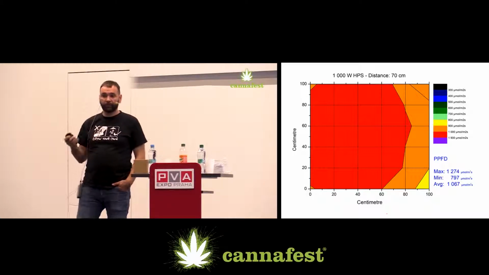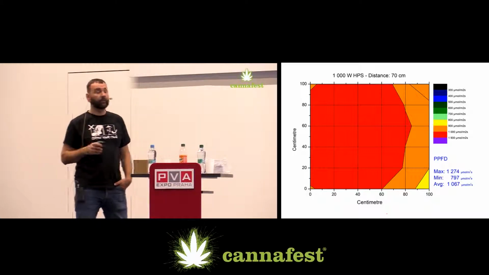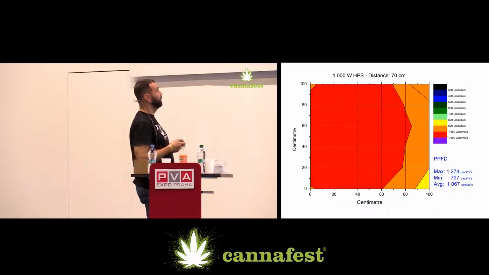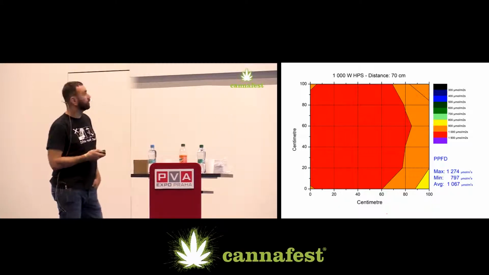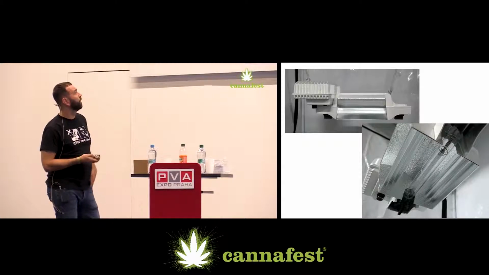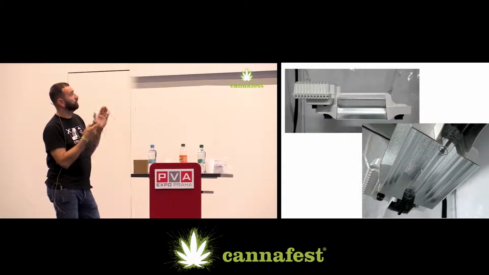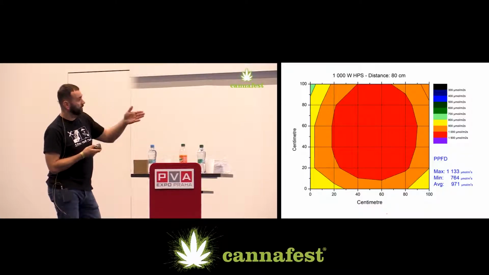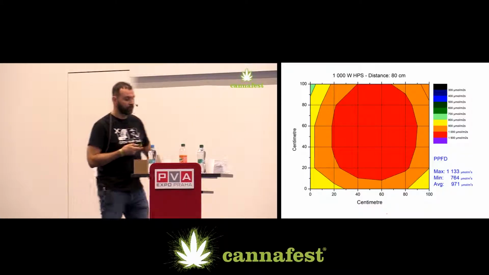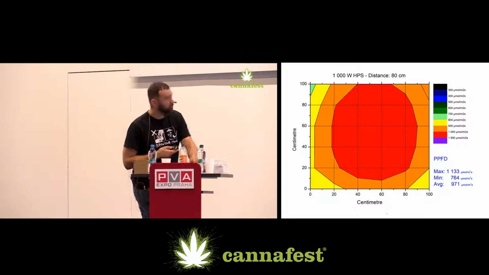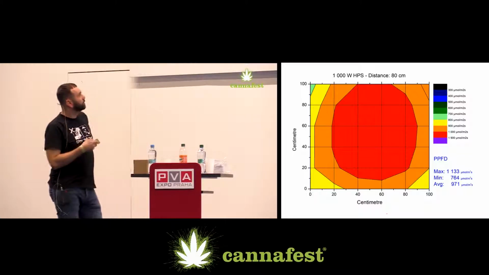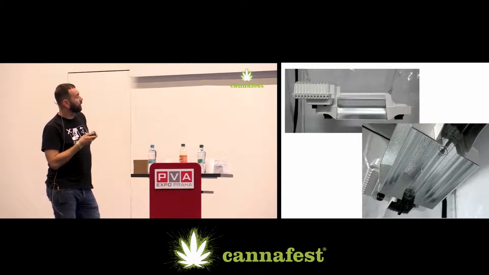We do have the 1000 watt sodium lamp, but we'll be comparing it with LEDs, so we can use it as a baseline. There's a 1000 watt lamp placed at a distance greater by 10 centimeters. Again, a 15–20% difference.